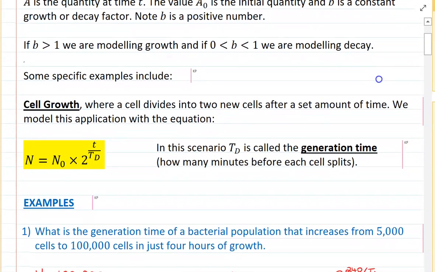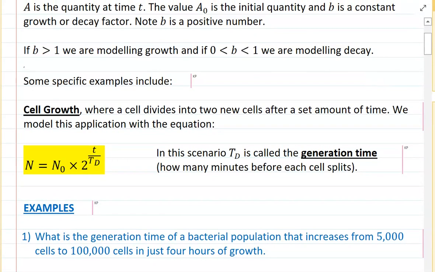So what we've got here is, what is the generation time of a bacterial population that increases from 5,000 cells to 100,000 cells in just 4 hours of growth? So if we think about this question, we're going to define what each of the variables that we know are, and then we'll go through a process once we substitute the values in to solve for TD, because TD, this part here, is our generation time.